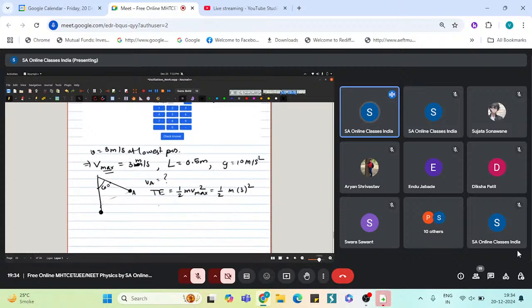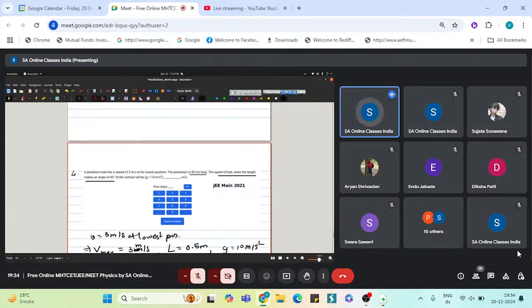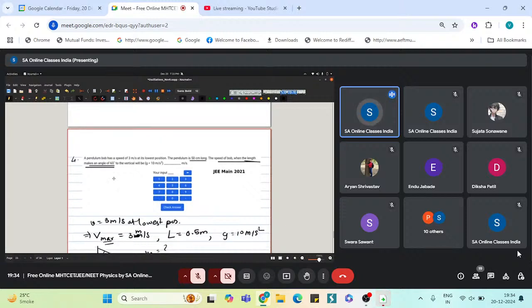And then the energy at point A, they have not given whether point A is at extreme or not. They have just said some position where the length of this thing is making an angle of 60 degree. So we can just assume that it is a random position. It is neither a mean position nor an extreme position.